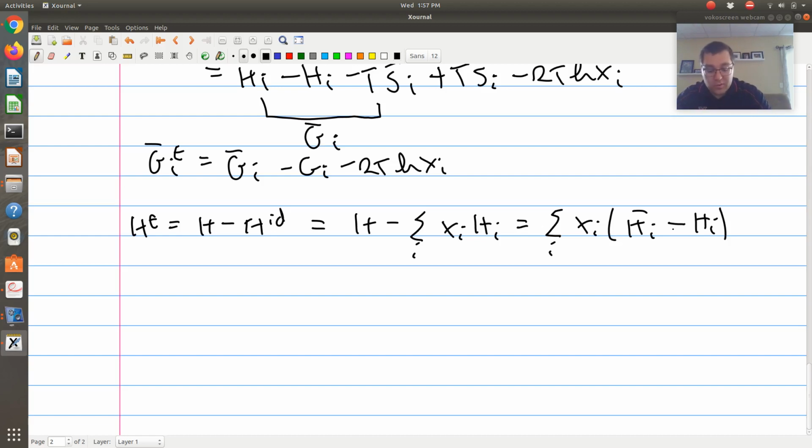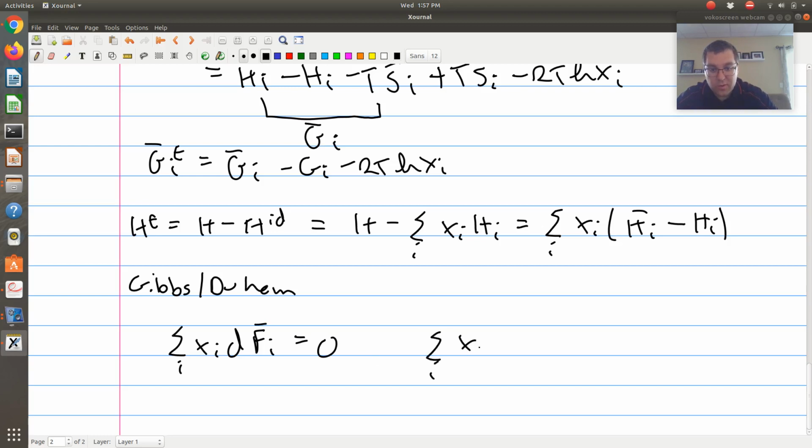The one I'll just mention now, because it'll come up later, is the Gibbs-Duhem equation. Remember, that was our zero sum requirement: sum over i xi d f bar i is equal to 0. And we're going to get an equivalent expression with partial molar properties. Okay, and with that, we'll stop this set of notes.